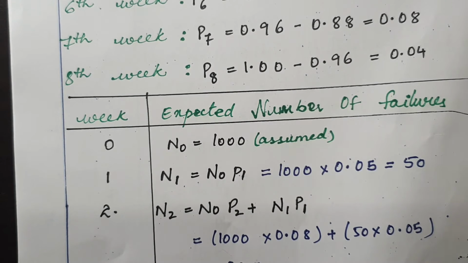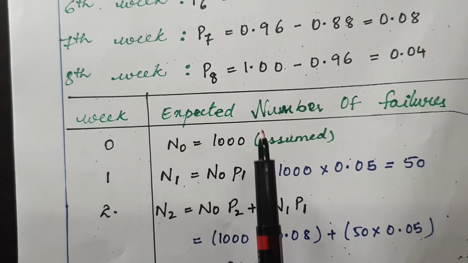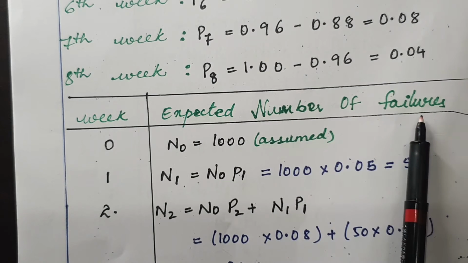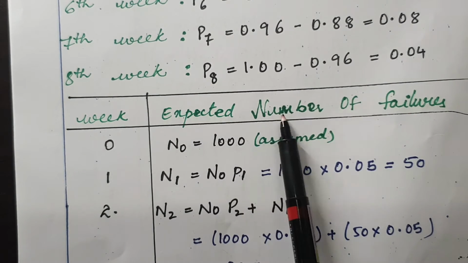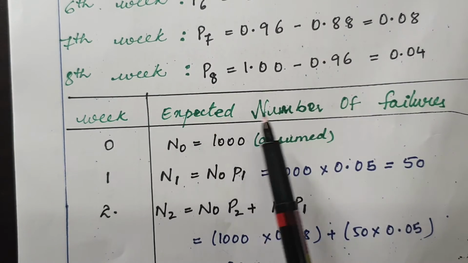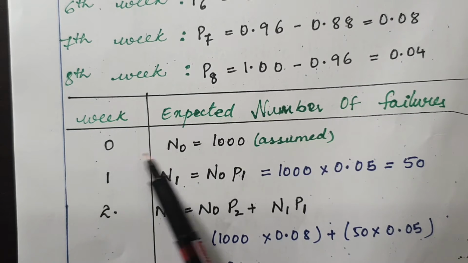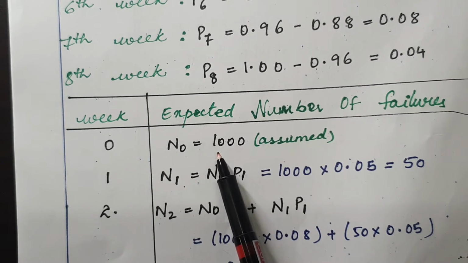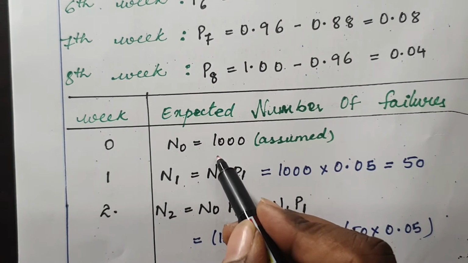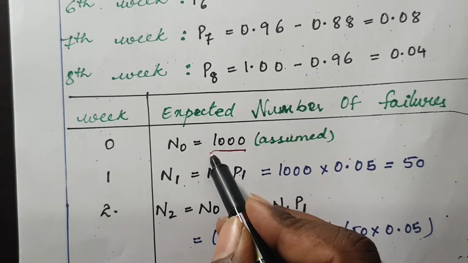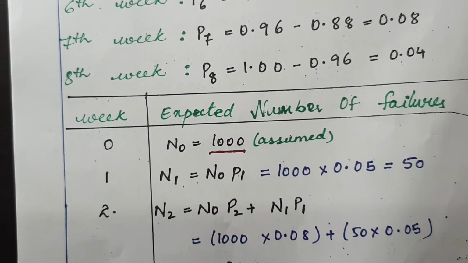First write the weeks, then the expected number of failures. Sometimes the number is given in your question, otherwise it is not given. Then you have to assume 1000.